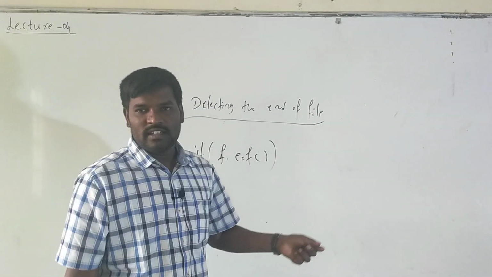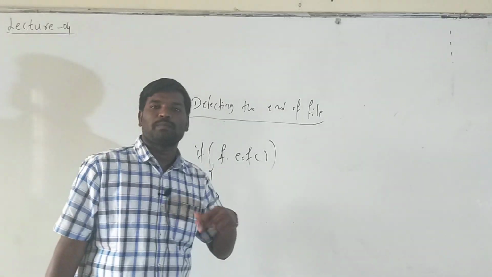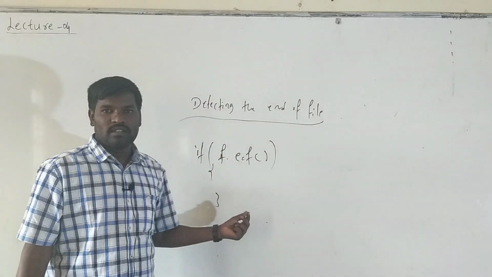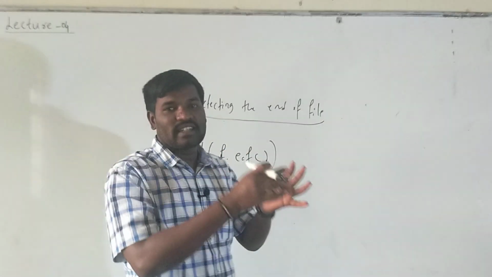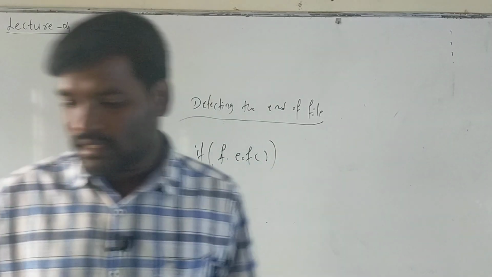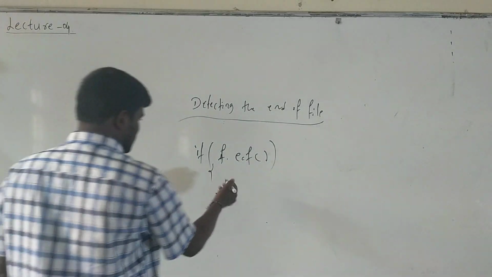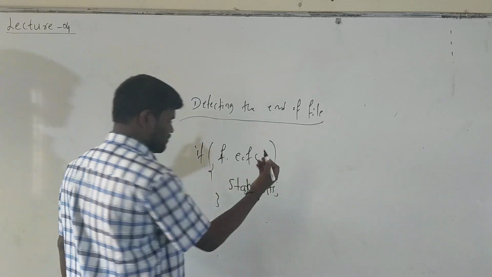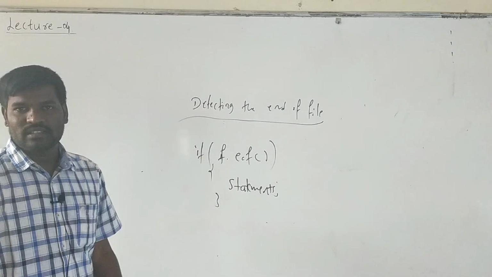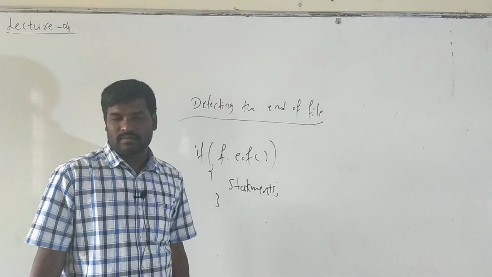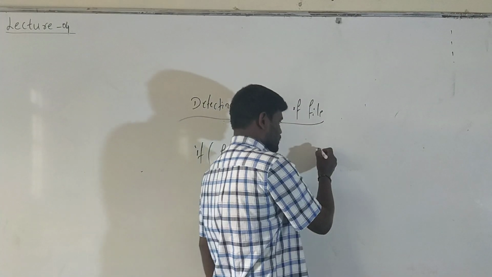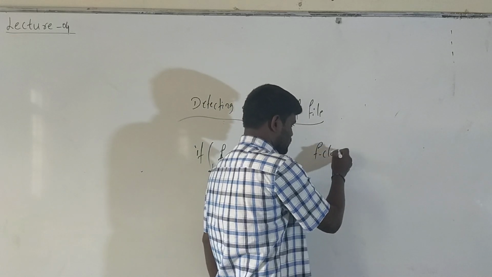It may be either an ifstream or an ofstream. eof is a member function, so automatically it will detect the end of the file. Within the if condition, if you want, you can write statements. Otherwise, you can leave it blank. It is not compulsory. And directly you can write f dot close.